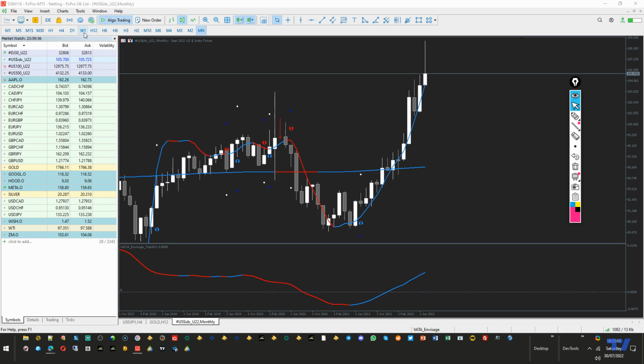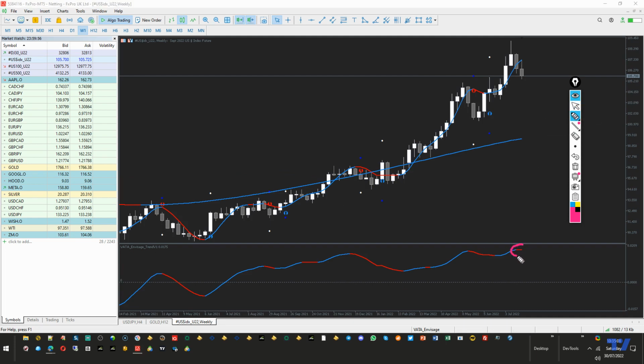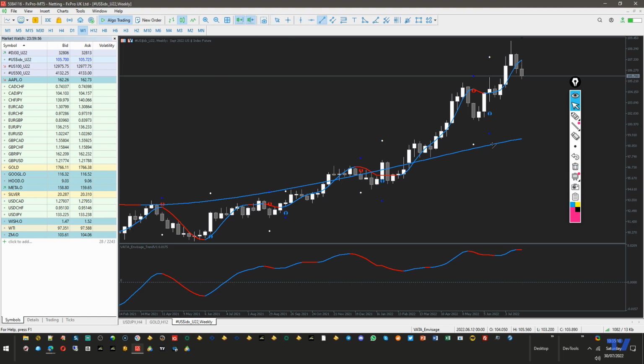Now, if I go to the weekly time frame, the market has become a little bearish here because we have got red. At the same time, you will notice that we have a trend line here, which means that next week or so the market can be bullish.